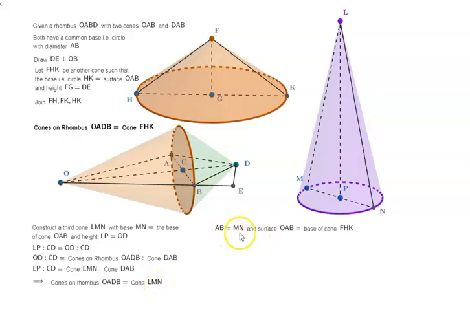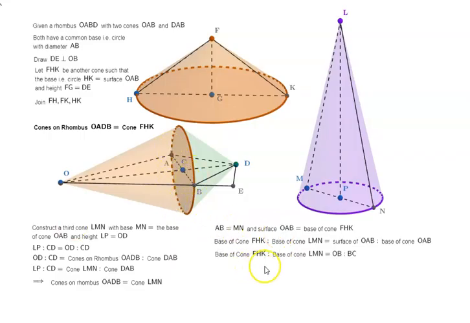Now, AB is equal to MN because we constructed this cone element with base MN equal to the base of the cone OAB, and surface OAB equal to the base of the cone FHK. So base of cone FHK is to base of cone element is equal to the surface of OAB is to base of cone OAB. Here surface OAB is equal to the base of cone FHK and base of cone element is equal to base of cone OAB.